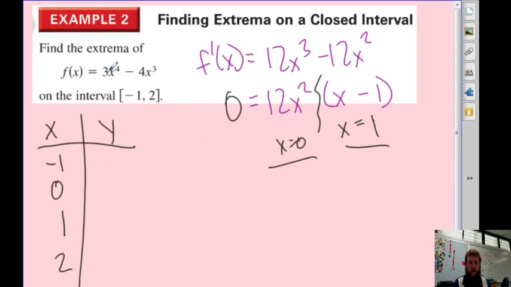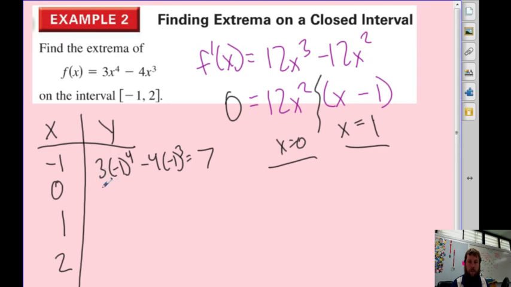So what are my y values? I'm going to have to plug in. When you plug in -1, you get 3 times -1 to the 4th power minus 4 times -1 cubed, which gives positive 7.